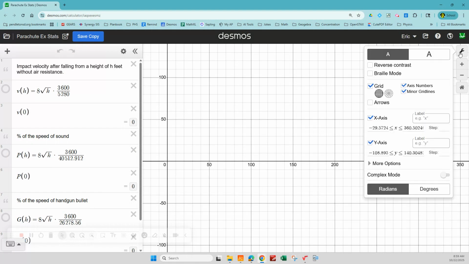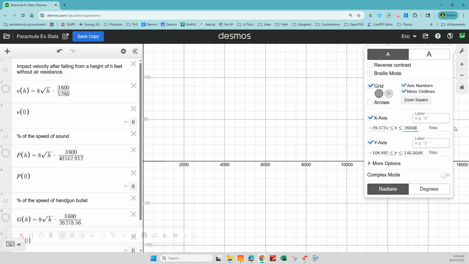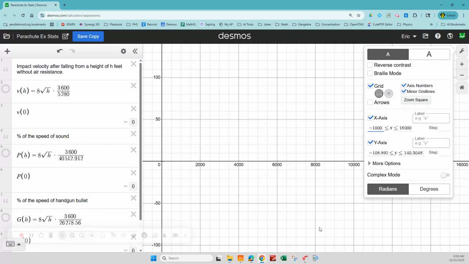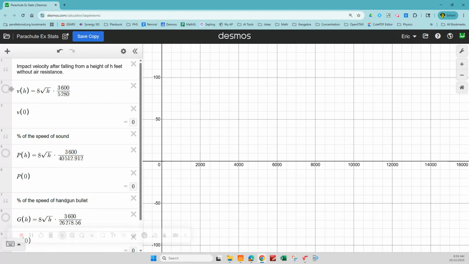So let me set, go up here to like, okay, so if we look at this, the velocity as a function of height. We want to know how fast we're going to go based on how high we start off, right? When we hit the ground, if we didn't have a parachute, how fast would we be going based on our starting height is what we're graphing.